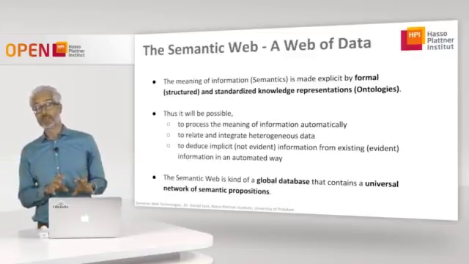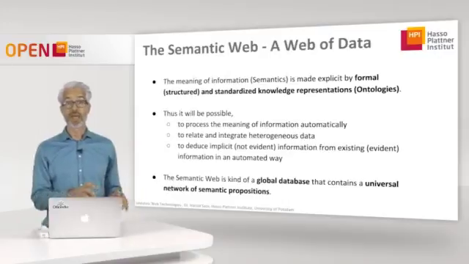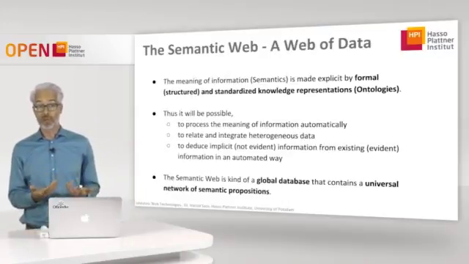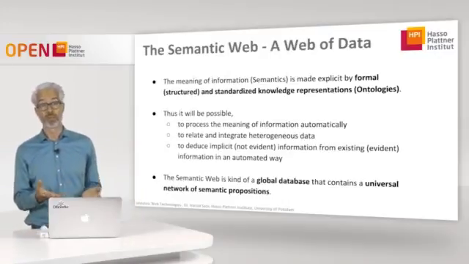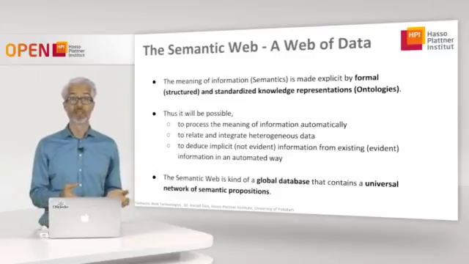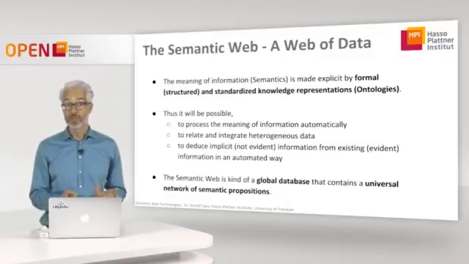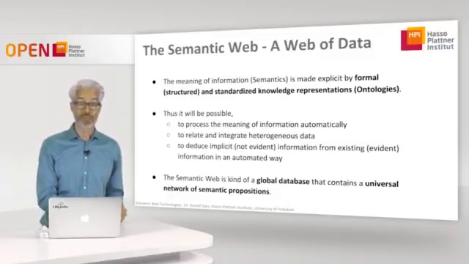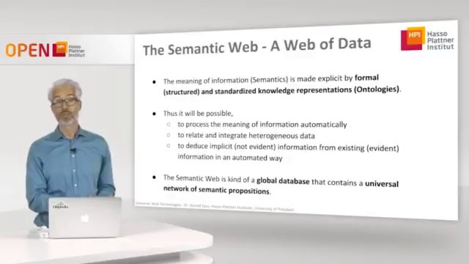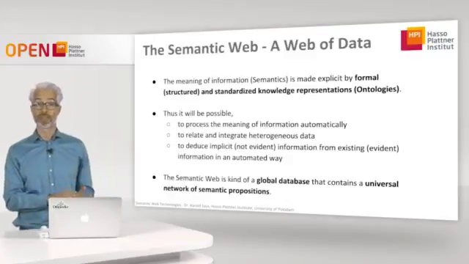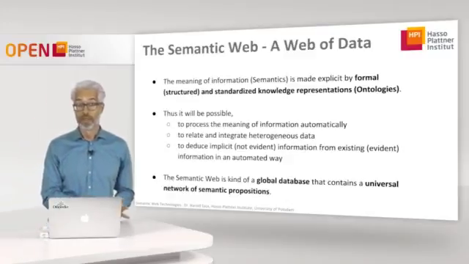So in the end, if each single piece of written information is given an explicit meaning, we create a so-called semantic web from this web of data. So the meaning of information, the semantics in the semantic web, is made explicit. And this is done with the help of so-called ontologies, by formal, structured and standardized knowledge representation. In this lecture, we will talk a lot about knowledge representation and ontologies.